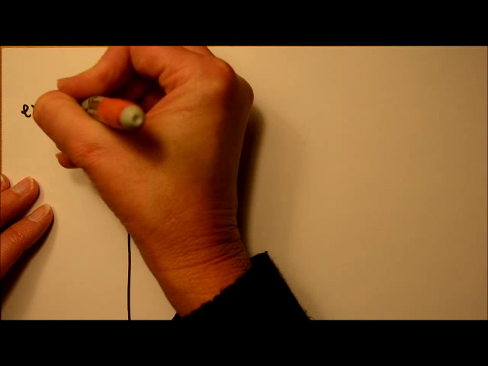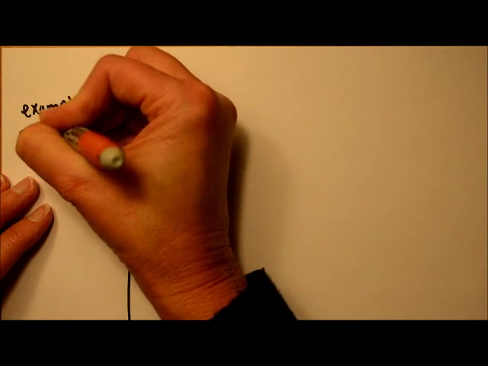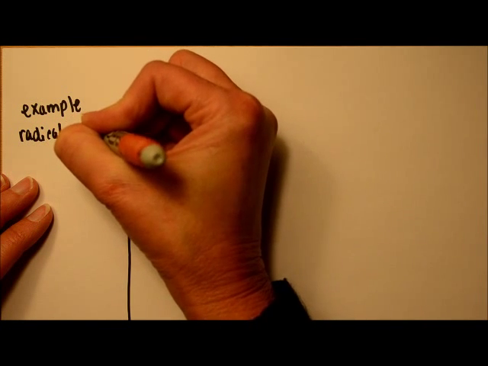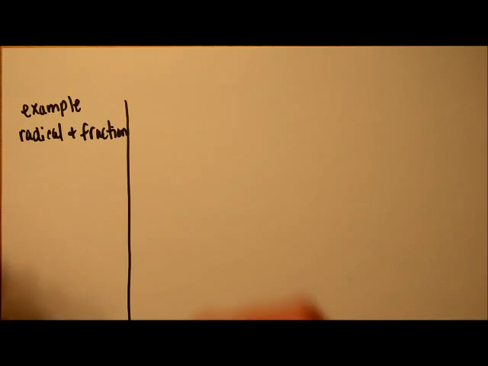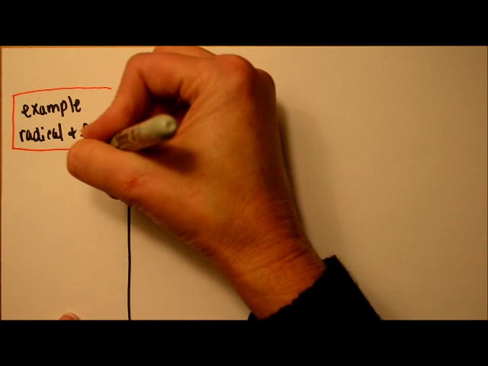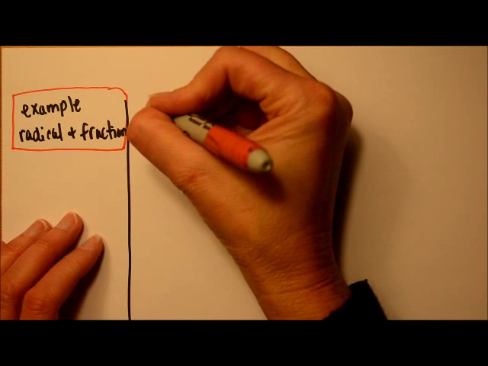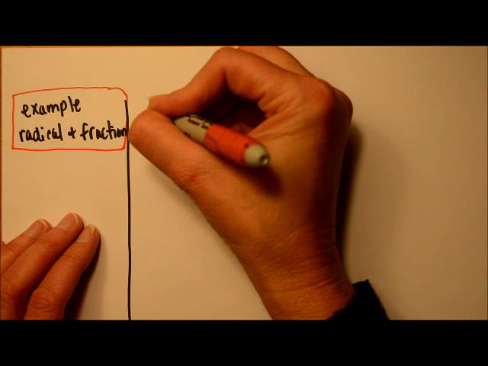This one's going to be with a radical and a fraction. Okay, so they can get a little more difficult, but you know what to do, just take them one step at a time, and you'll get through it here. I can show you another way to do it, but I think this is probably the best one for now.